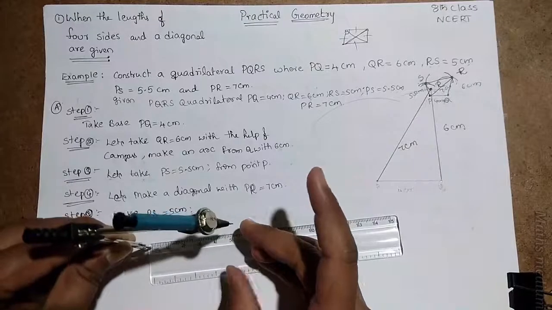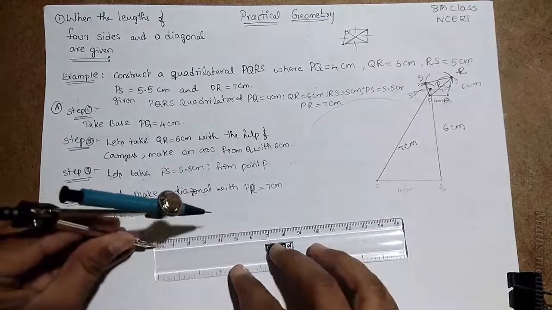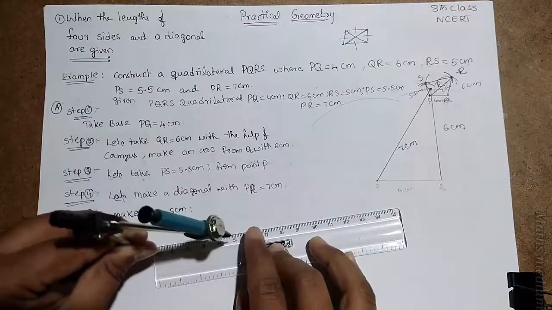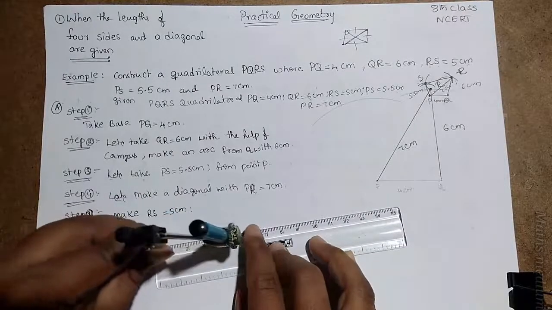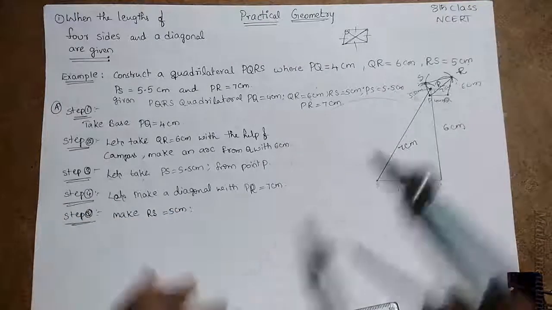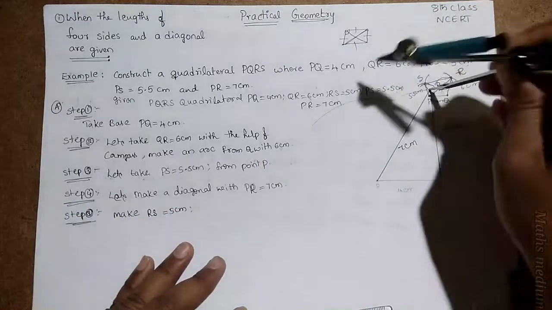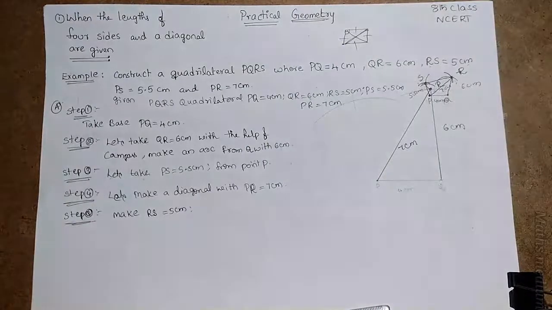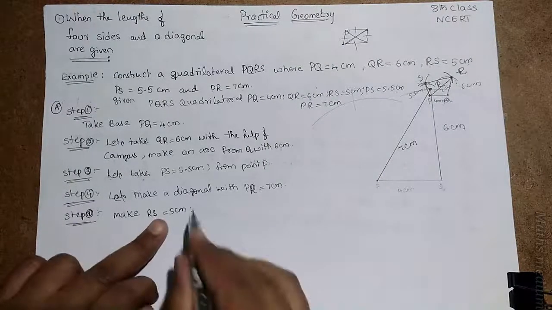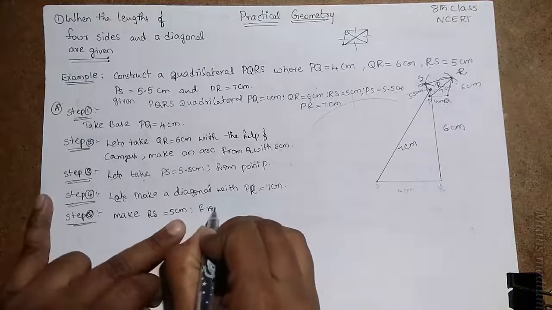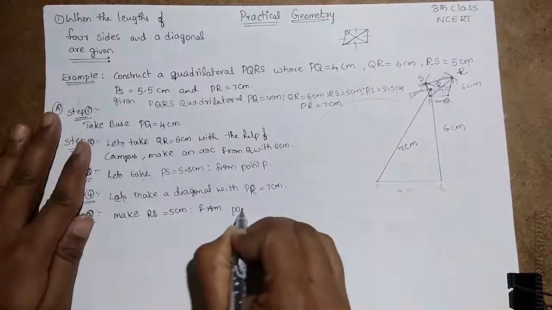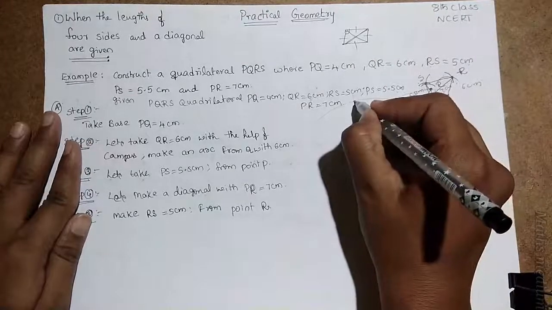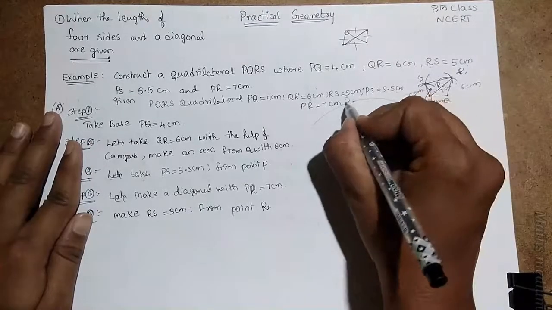Make sure that it is 5 centimeters. So from R we have to draw a line here, RS equal to 5 centimeters from point R. So this is the point where they met. So it is called S.